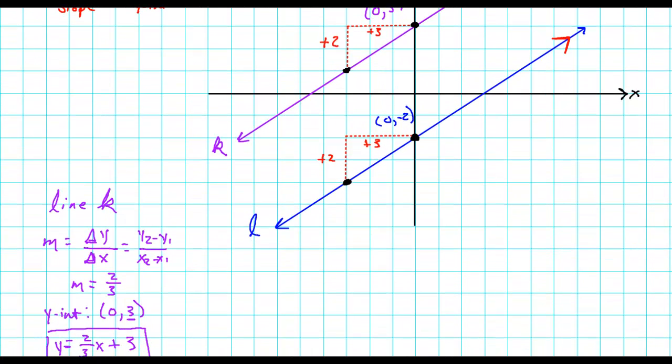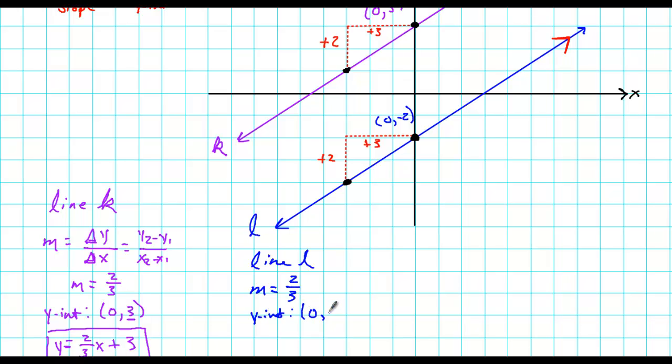But we're going to come down and we're going to go ahead and write down everything about line L. So line L. Remember the m, the slope, is the change in y over the change in x. So that's going to be +2 over +3. Okay, I can write down the y-intercept.